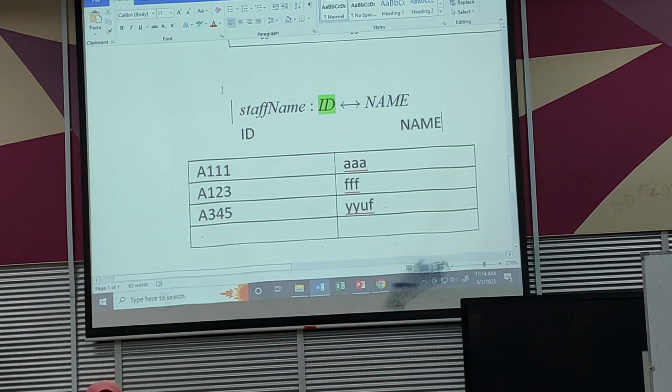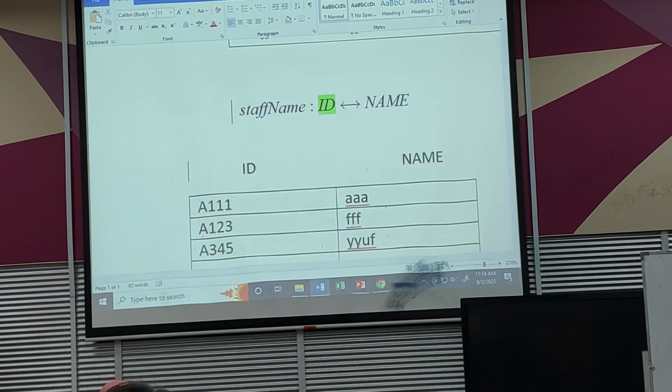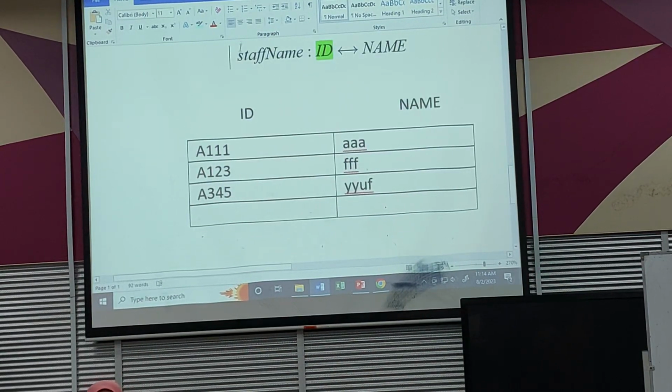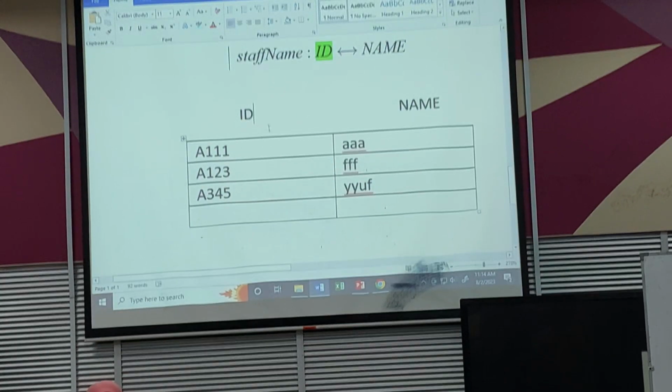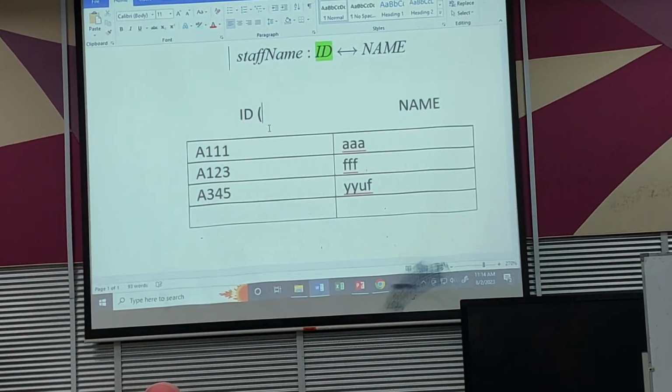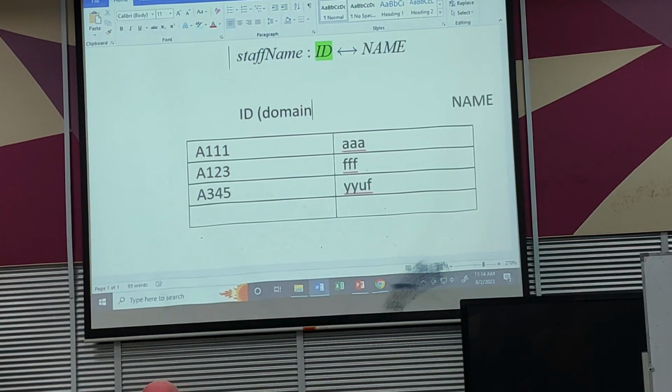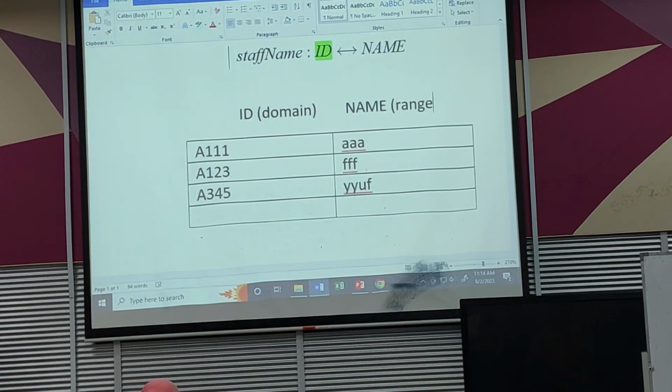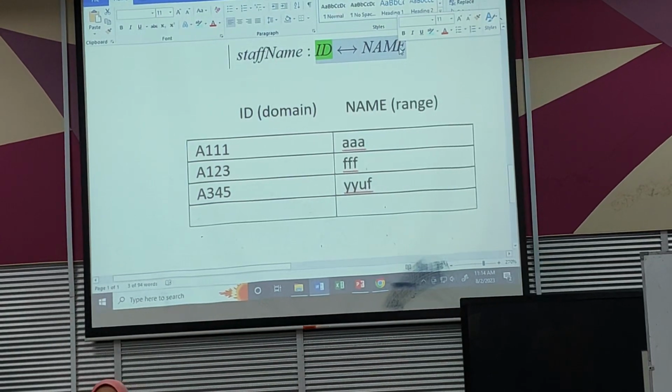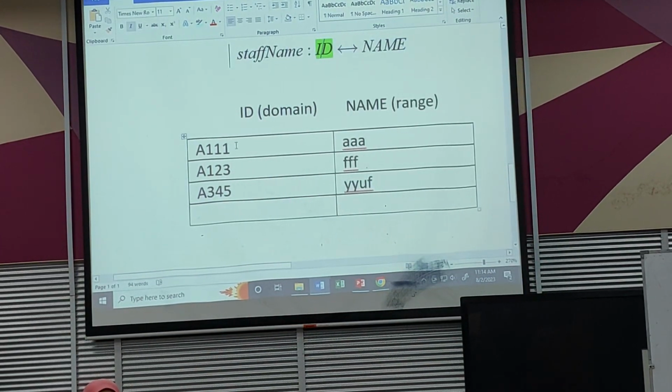So this is what we actually have inside our database. If we do this, this is the domain, and name will be the range. So these are the IDs and these are the names.